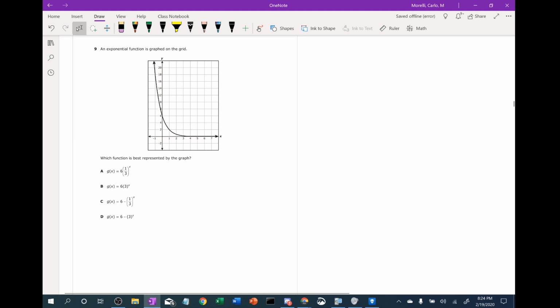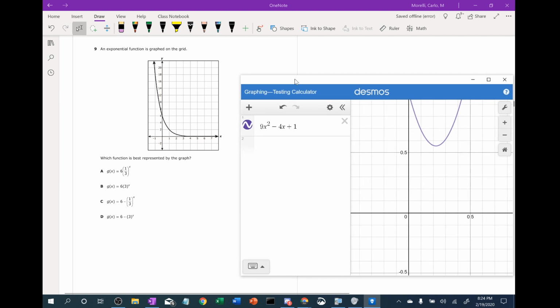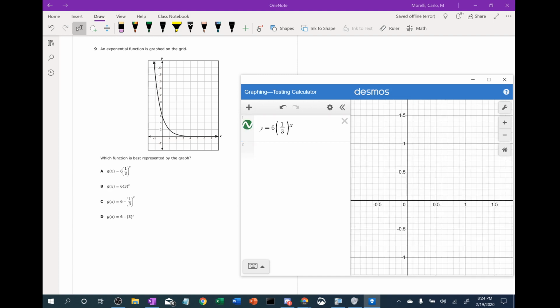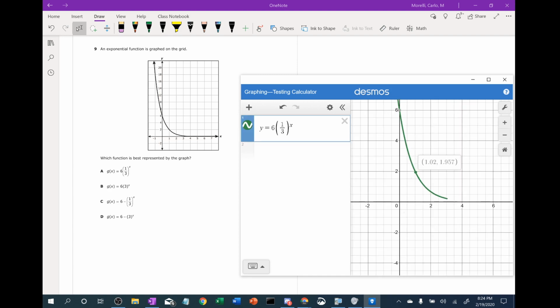Okay. So we'll go to Desmos and we'll just start plugging stuff in here. We'll try the first one, which is y equals 6, open parentheses, 1/3, close parentheses, raised to the power of x. And let's see if that looks anything like the one we were given.